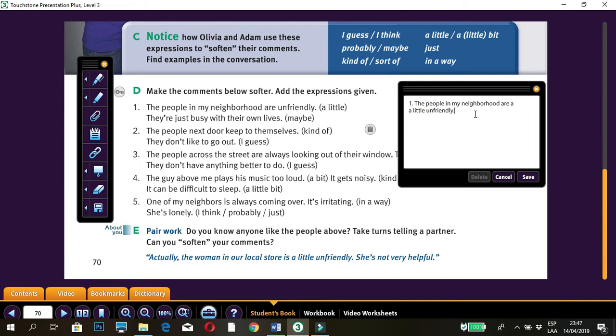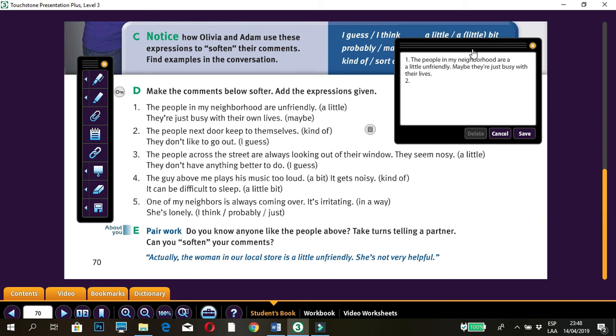Instead of saying like that, you can say the people in my neighborhood are a little unfriendly. Okay? And the second part, maybe they are busy, ocupados en sus propias vidas, en sus propios asuntos, okay?